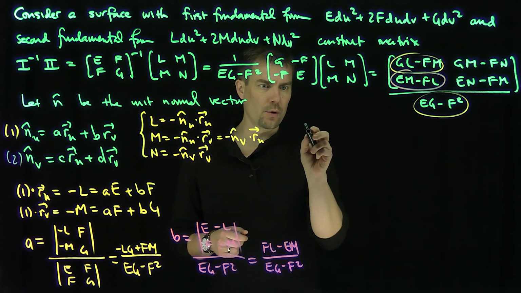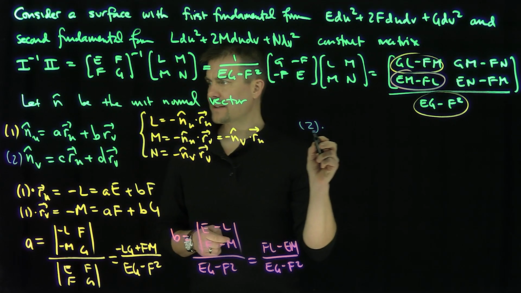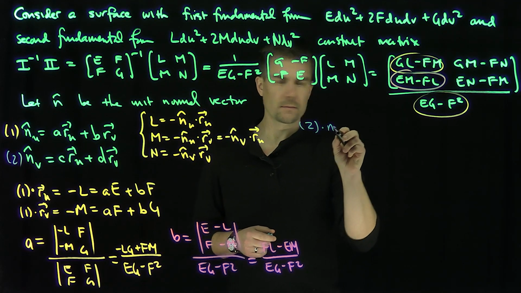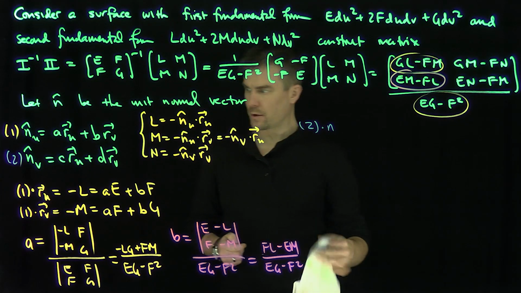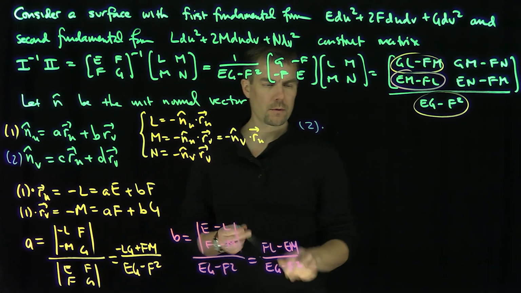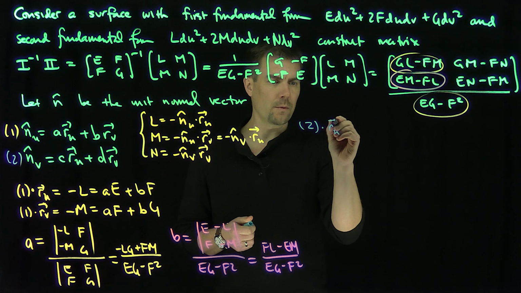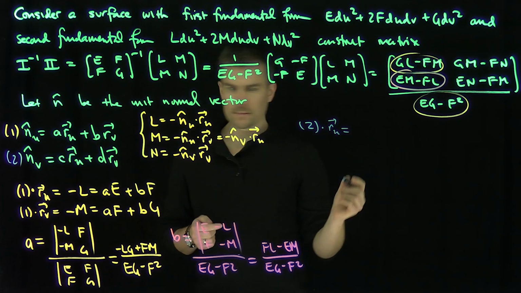Let's look at 2 dot NU. Actually, I wanted to hit 2 with RU, not NU. So let's hit 2 with RU. 2 dot RU is going to be what?